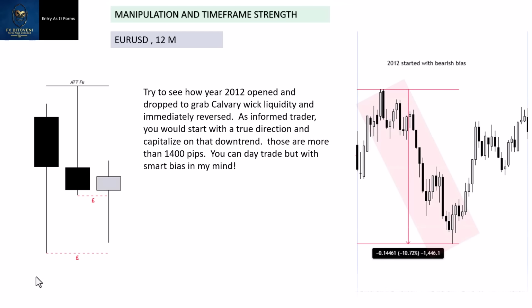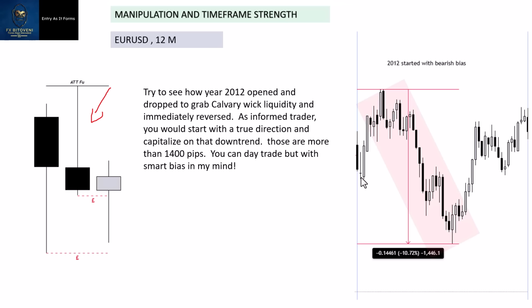Now, try to look at how year 2012 started with bearish bias. So remember, you open the chart, the new year is starting, you have already got direction that you are going to go down. So you are starting with what? With a bearish direction in mind.